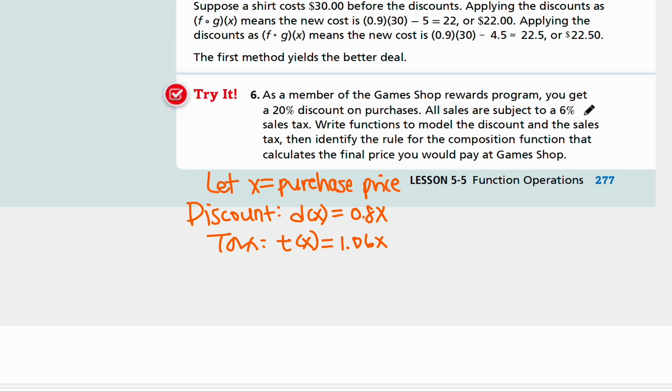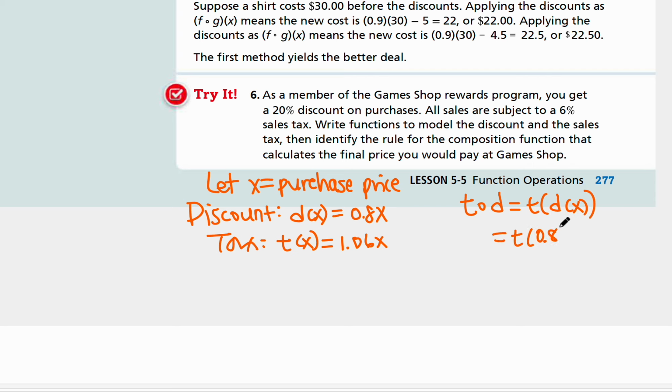You can't do it the other way. So this is only one option, really. You can't really choose. You have to get the discount first, and then when you purchase with the discount, you have to pay for the tax as well. So the only way that this works is t of d.